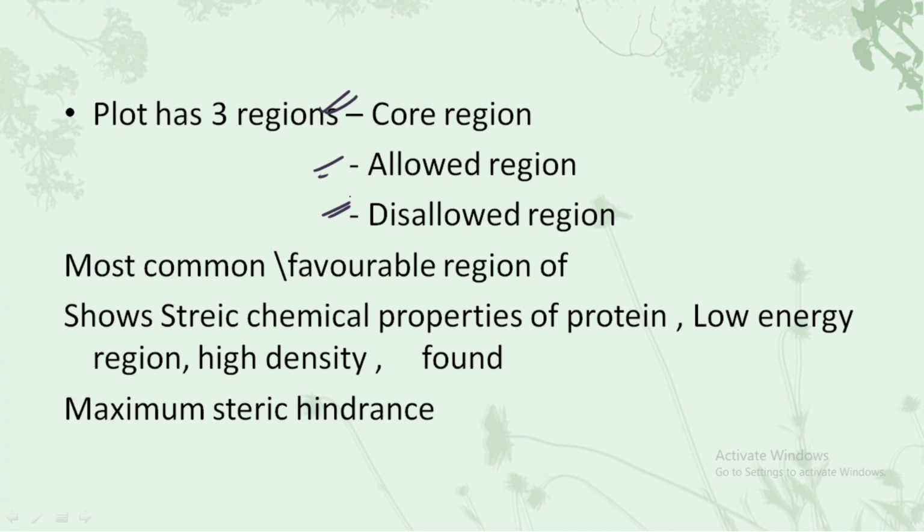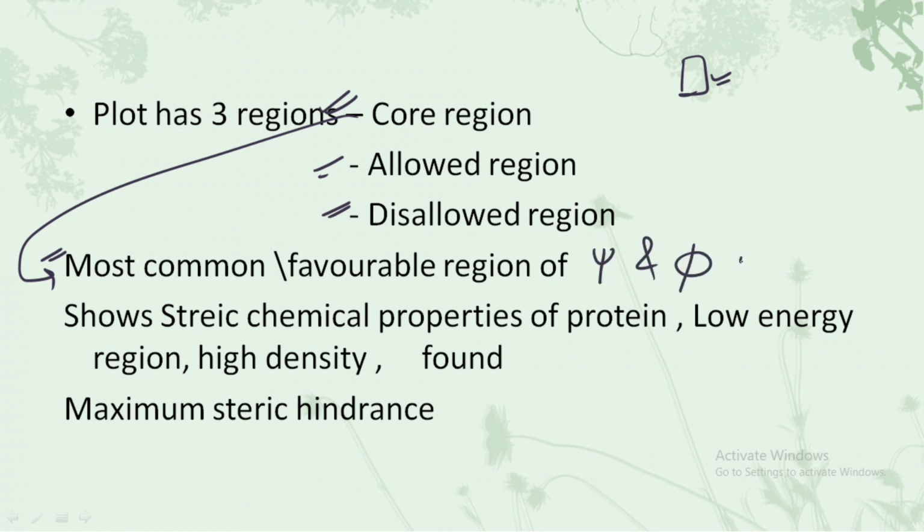These are the three regions found in the plot that we study. Talking about the core region, it is the most favorable or the most common region for the phi and the psi. And what are phi and psi? I have just discussed, these are the torsional angles. So in the core region of the plot, we would be finding the phi and the psi. And then we have the allowed region.